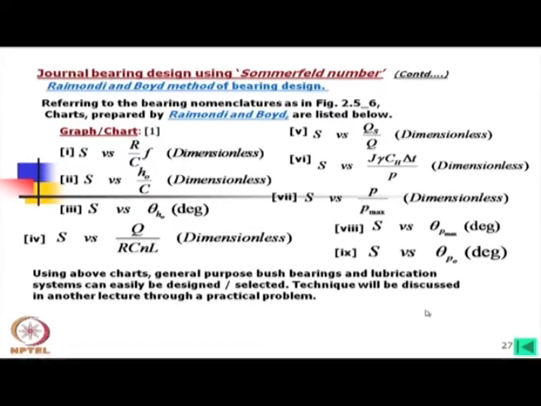So, basically we can select a bush bearing, and then we can verify all these. If we find these are satisfactory, then we can use that bearing for our design. This is general purpose, but for very precision bearings we have to calculate many other parameters also.